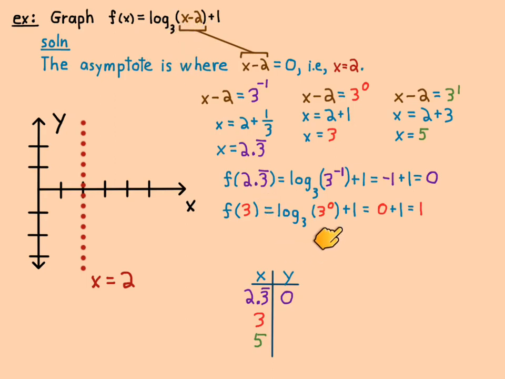Okay, so that's what I did on the next one. So this log base 3 and this 3 here cancel, and you just get 1 here. So you get 1 plus 1. Right? And I colored them so you could tell which one came from where. And that's, of course, 1 plus 1 is 2.